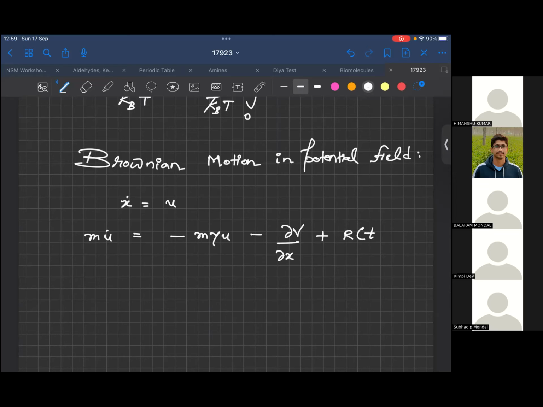Here the potential gradient expression is just added in this general Langevin equation.